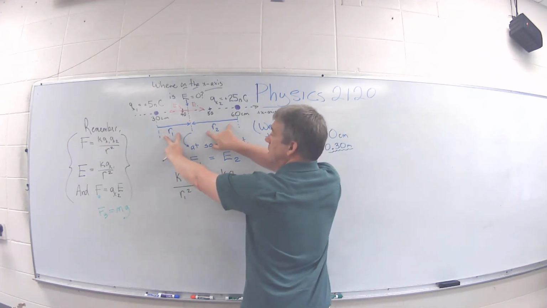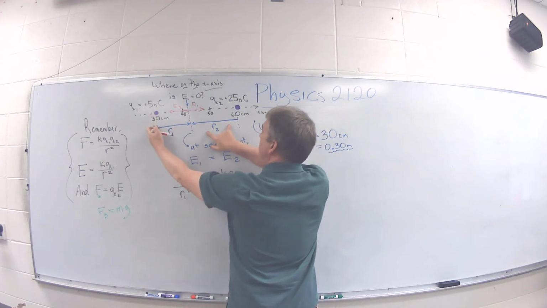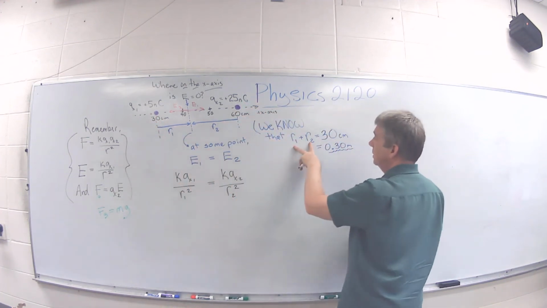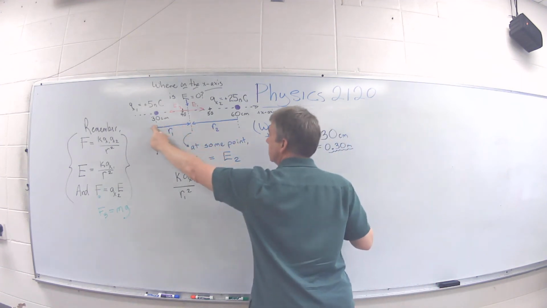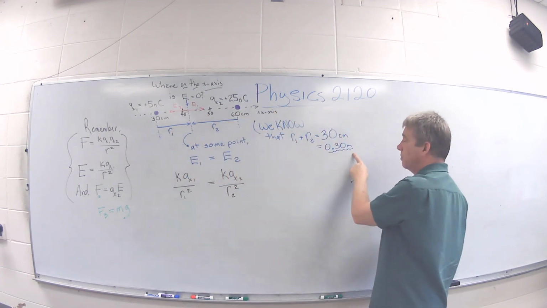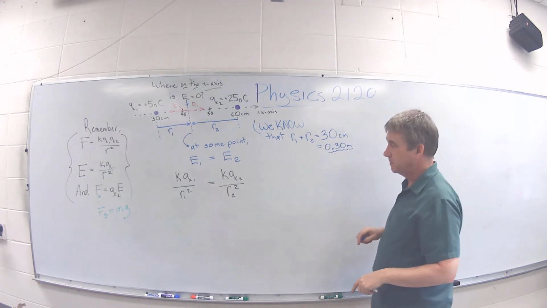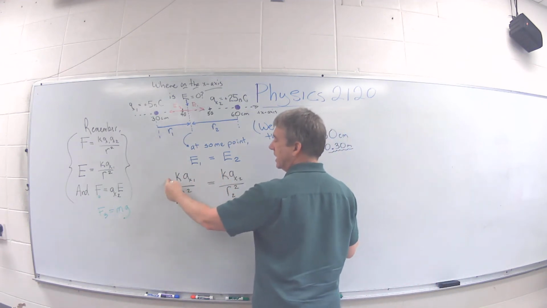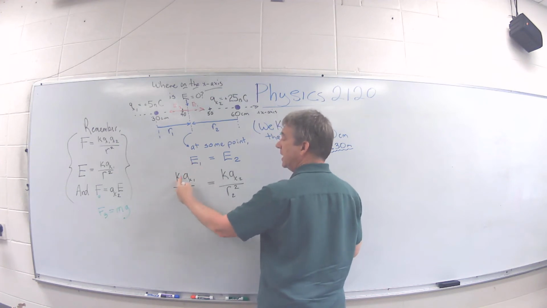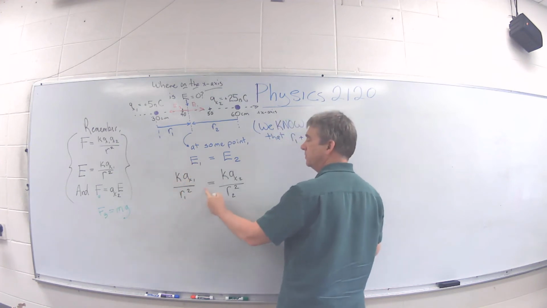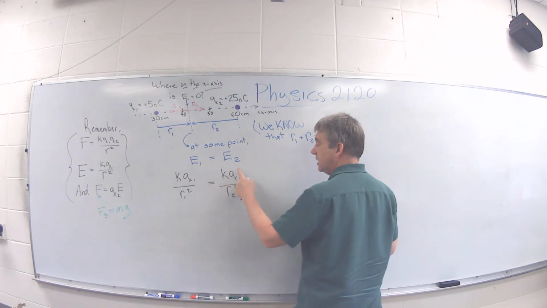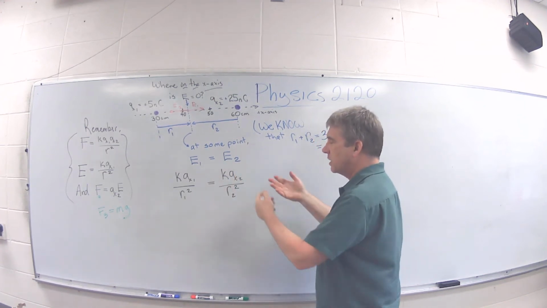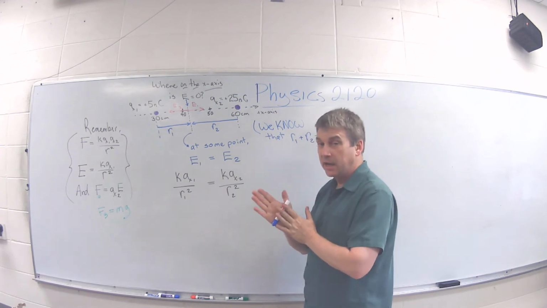Radius 1 plus radius 2 starts at 30 and ends at 60. So radius 1 plus radius 2 is 30 centimeters, or 0.3 meters. Now, since electric field 1 is KQ1 over R1 squared, and electric field 2 is KQ2 over R2 squared, then all we have to do is look at our equation and say, what cancels out?